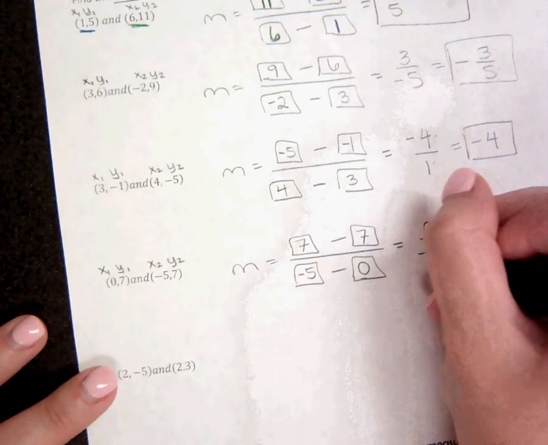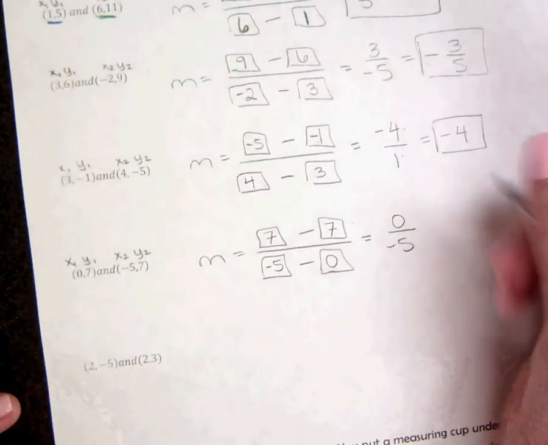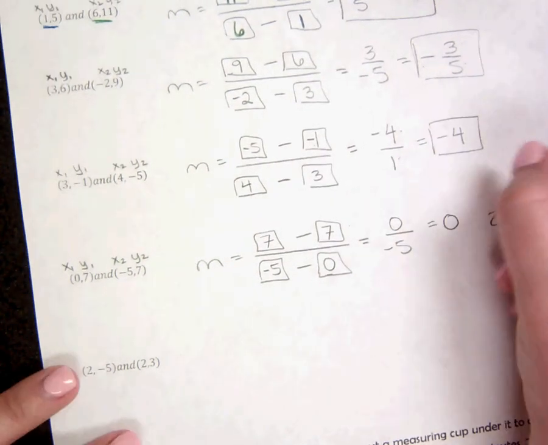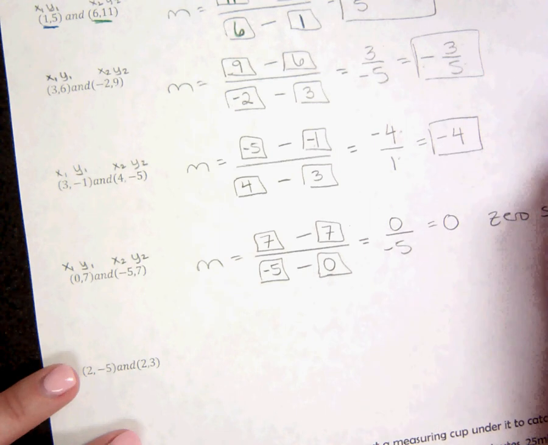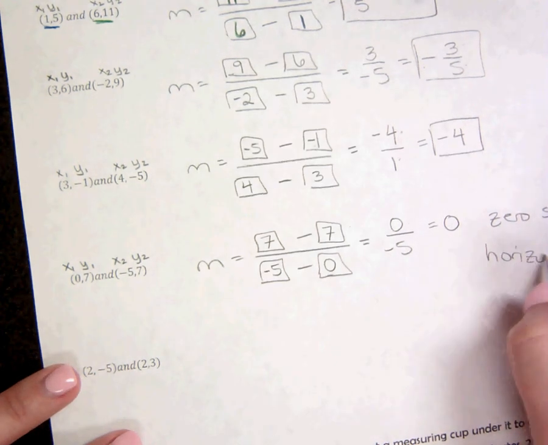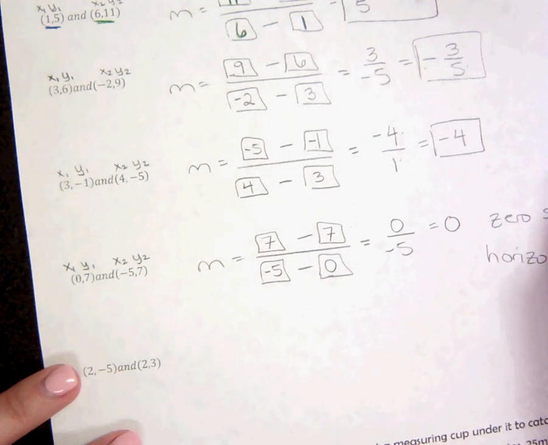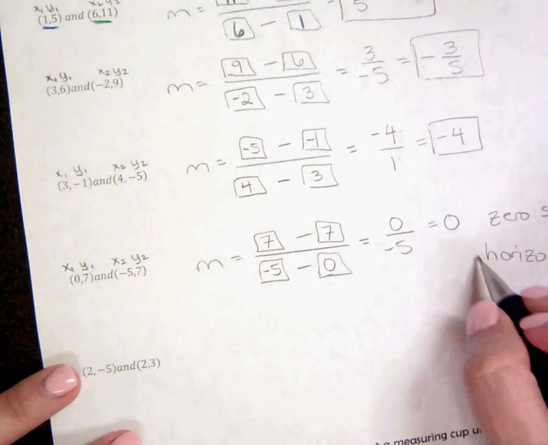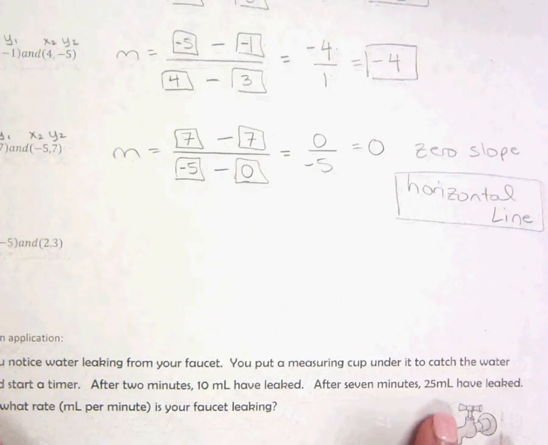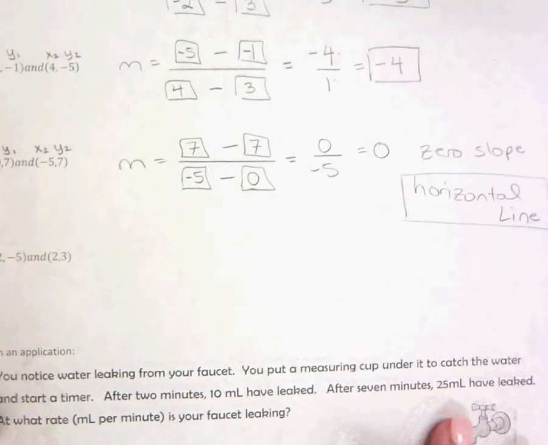Negative 5 minus 0 is negative 5. 0 divided by negative 5 is 0. So we have our 0 slope, which is the horizontal line, from the first couple of videos in this chapter. So a horizontal line has 0 slope.